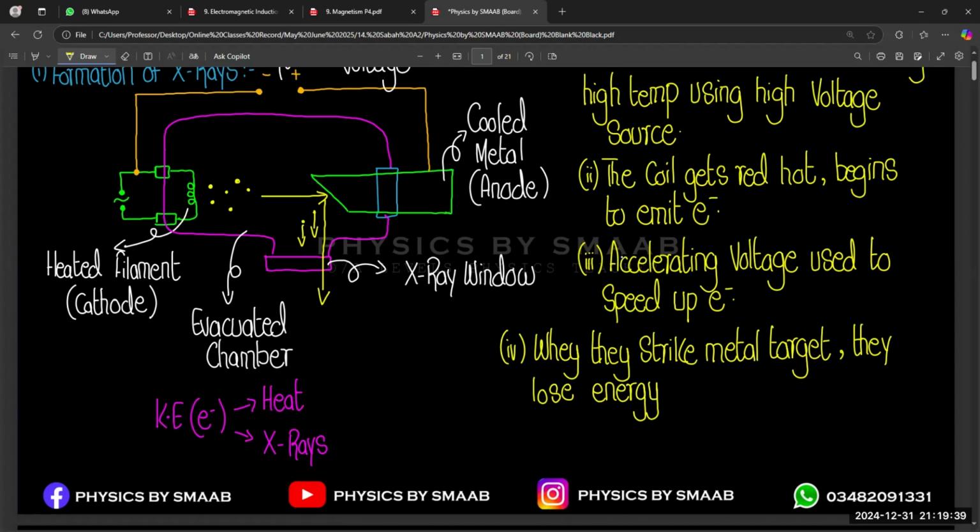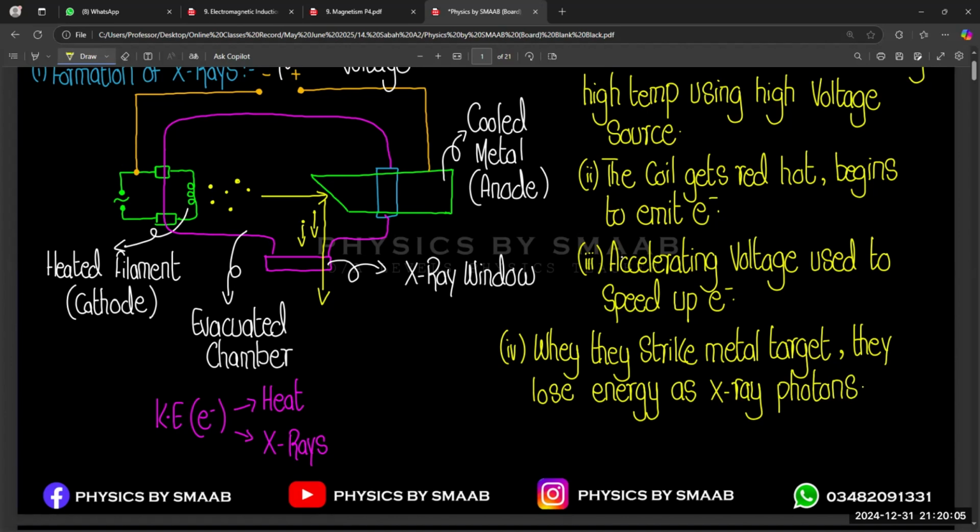And definitely, we know that according to the law of conservation of energy, energy can neither be created nor destroyed. So this lost energy cannot be destroyed. It is going to be converted into X-ray photons, right?